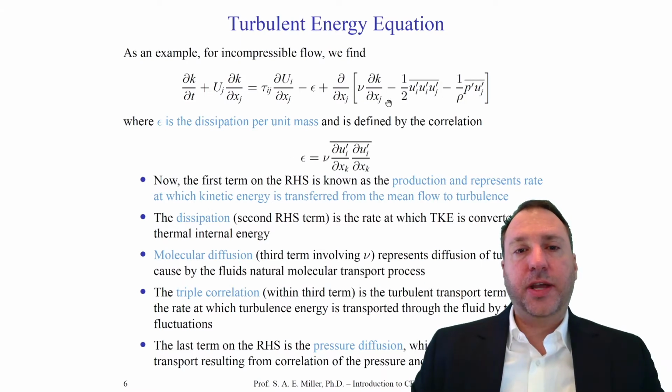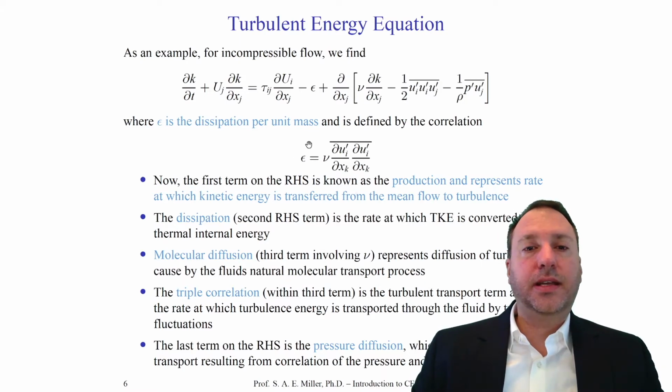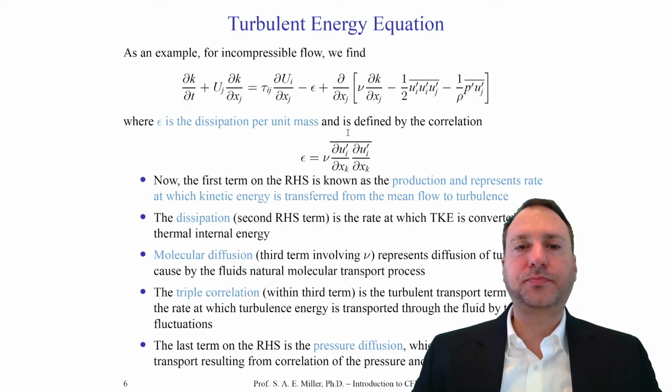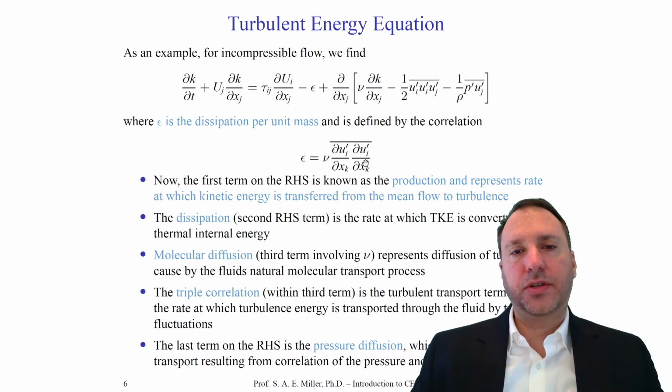Now, if you look at dissipation in its full form, you will see it's equal to a viscosity times the average of partial u_i prime partial x_k, partial u_i prime partial x_k. Now you'll notice that there's summation over two indices. Of course, in this particular equation, we would be holding i equal to 1, and then we would be summing over k equals 1 to 3, so there's really three terms.